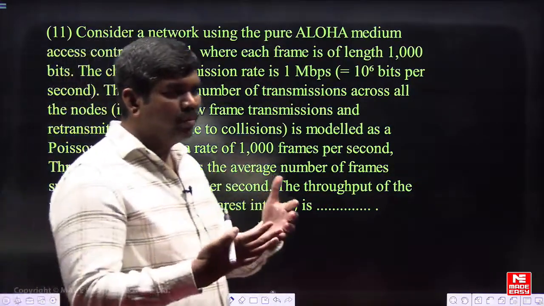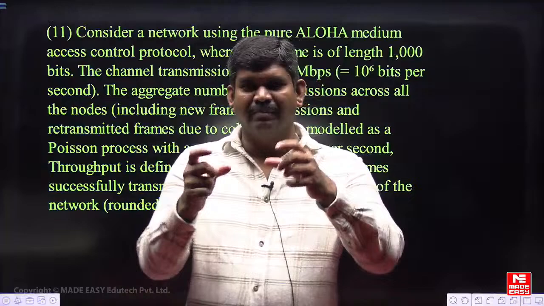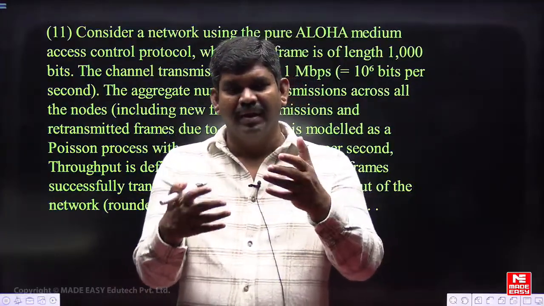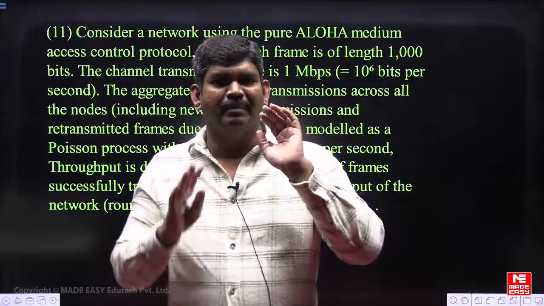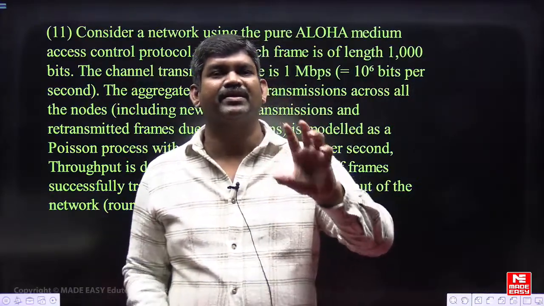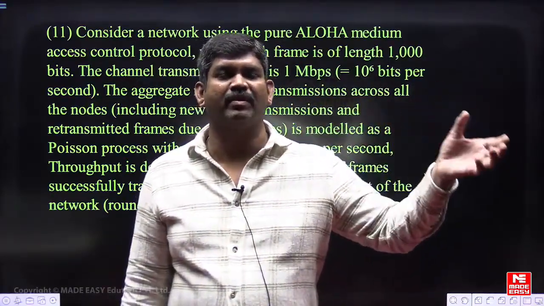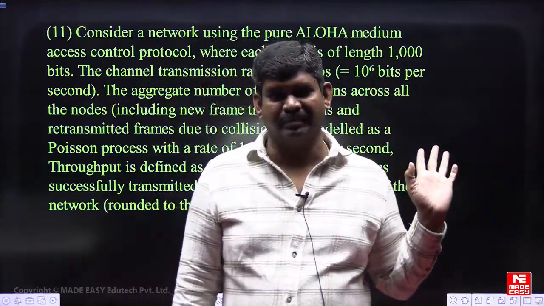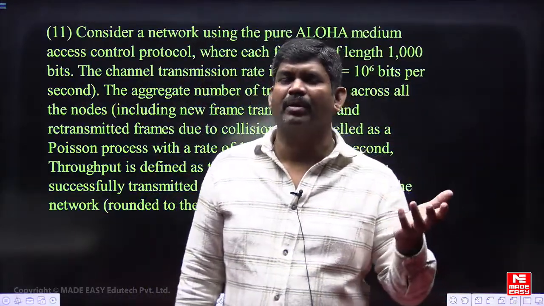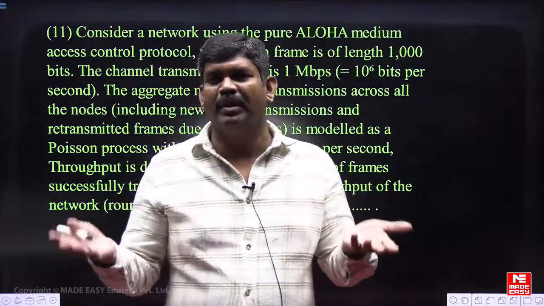Normally you should not memorize the throughput with an equation, because it changes from protocol to protocol. Normally the definition of throughput is the data successfully received by the receiver. Based on the protocol, how much time you should take is going to differ.